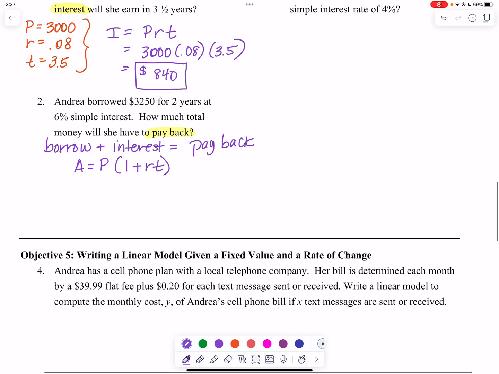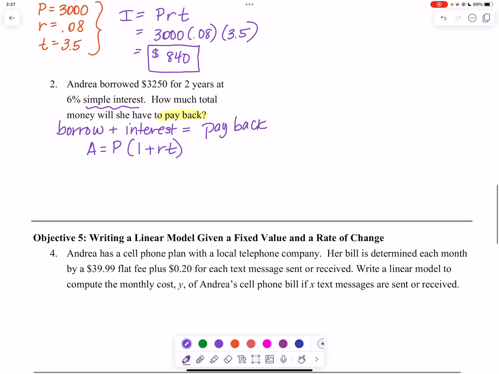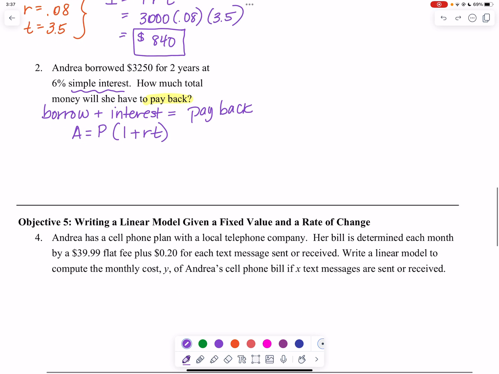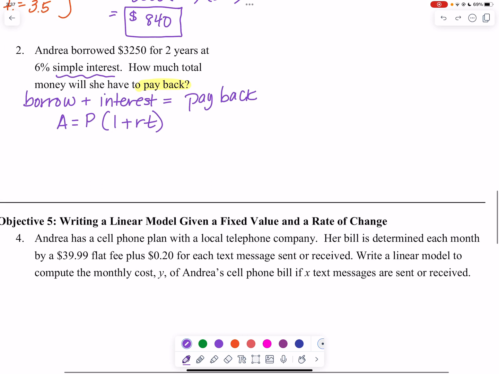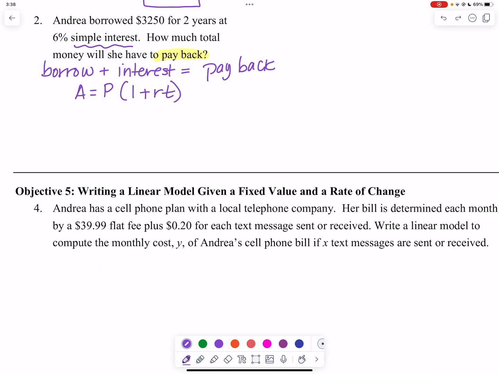And this is, again, our simple interest formula. And here you can see, if you distribute the P, that's how much she has borrowed. And here, PRT, that is the interest. So this equation combines the principal and the interest that will either be the amount in the bank after that time or the amount that owes back that's been borrowed.